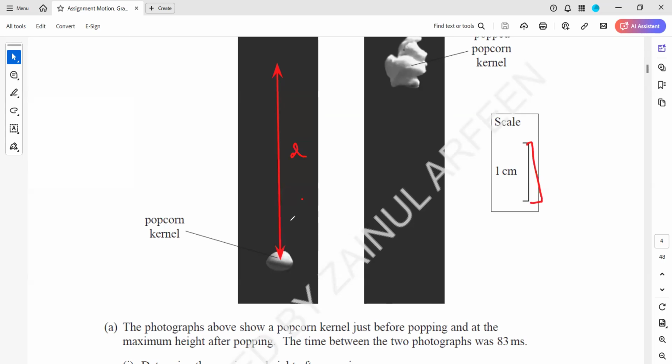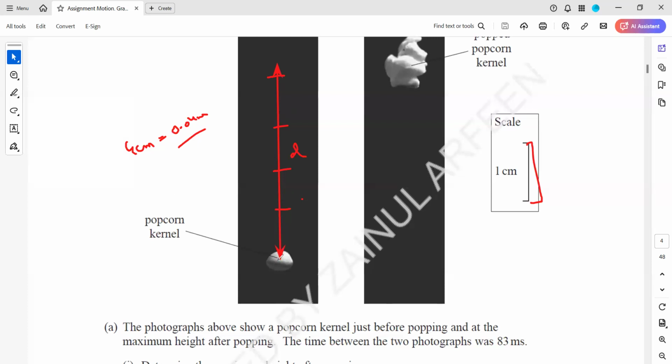This length is 1 centimeter. So by approximation, let's say 4 centimeters. This is just an example, because the actual length might be different. So 4 centimeters, we convert into meters, 0.04 meters.